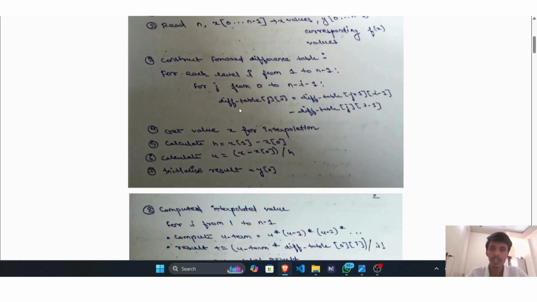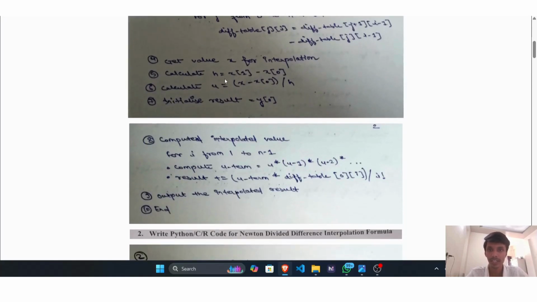From this loop, we create a difference table as shown. Now we get the value of x for the interpolation from the user, calculate h as x1 minus x0, and calculate u as (x minus x0) by h.